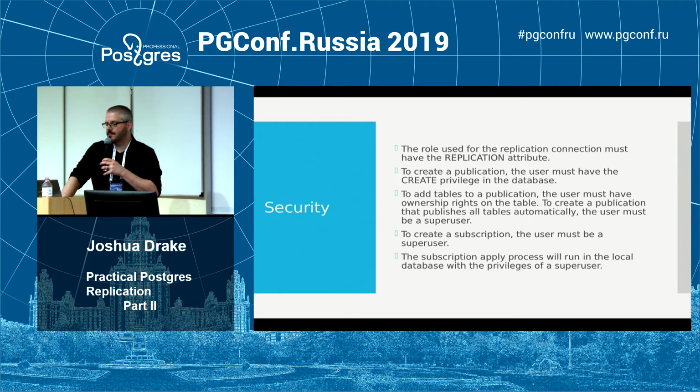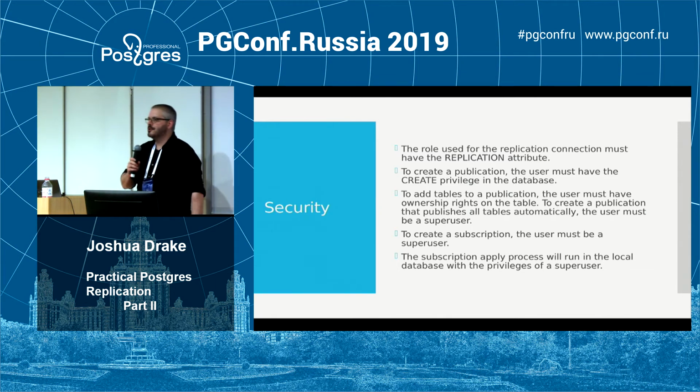I did that one. The subscription apply process will run in the local database with the privilege of superuser. That's important because the objects don't need to be owned by a superuser. But when you pull that subscription down, it is going to be a superuser. So it's kind of like a loophole for security to make it work.